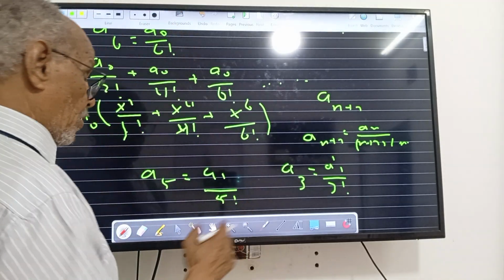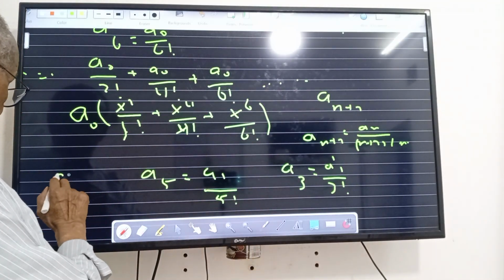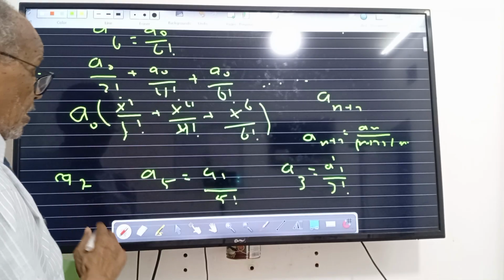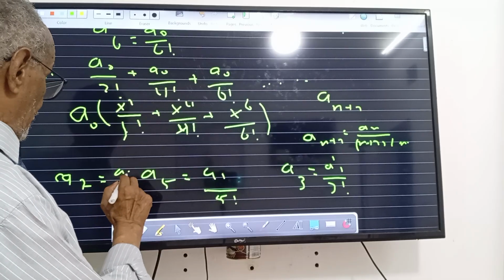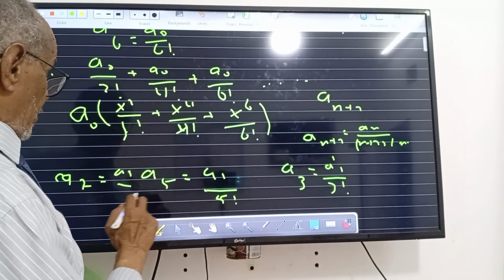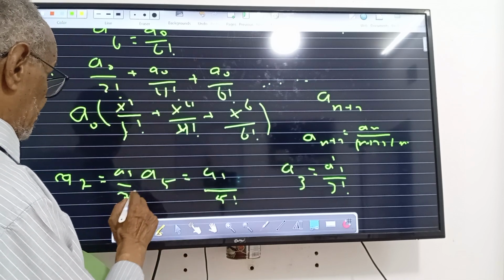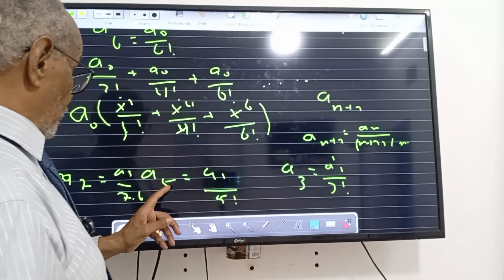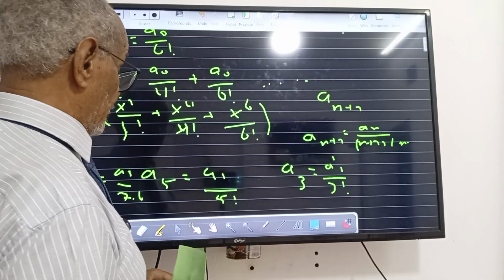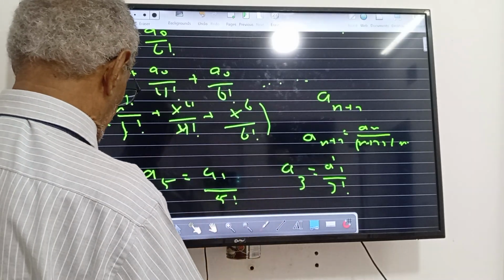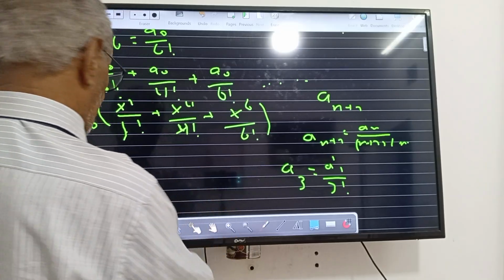Also A7 equals A5 over 5 plus 2 equals 7 multiplied by 6, and A5 equals A1 over 5 factorial. So the final answer is like this.